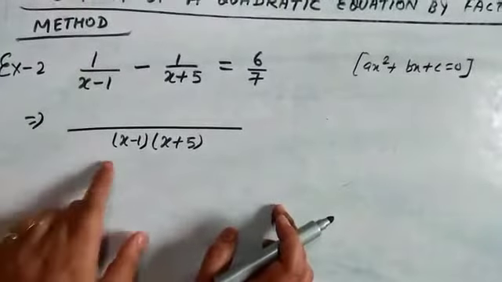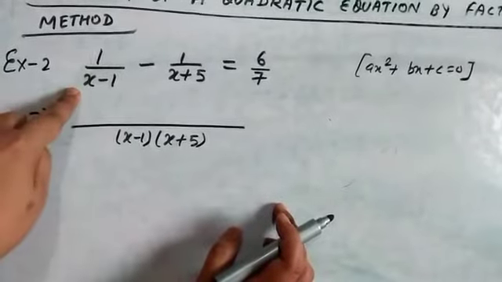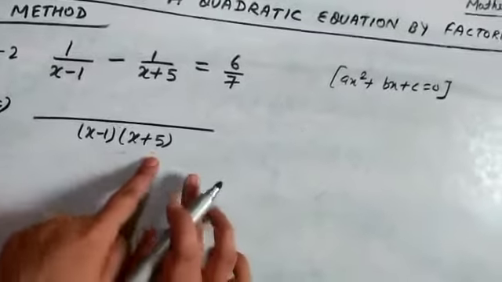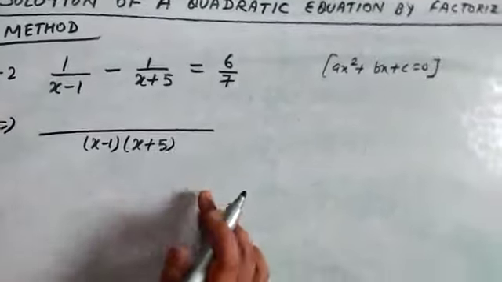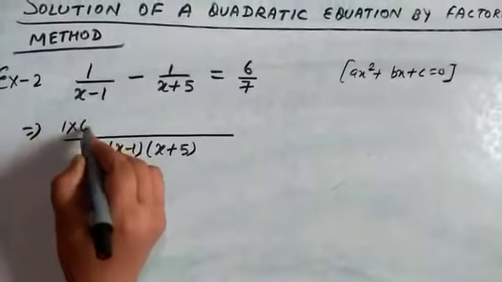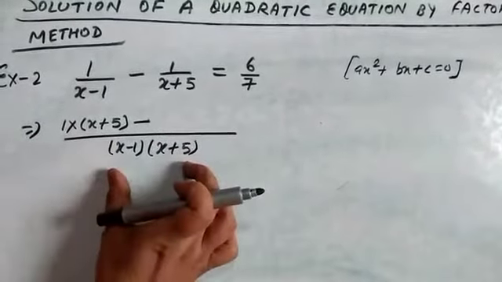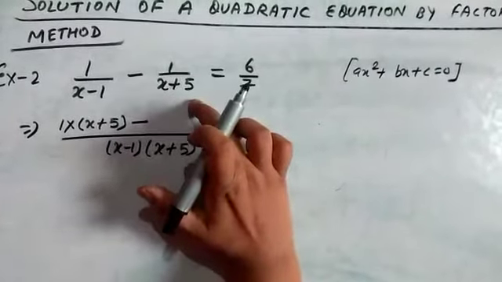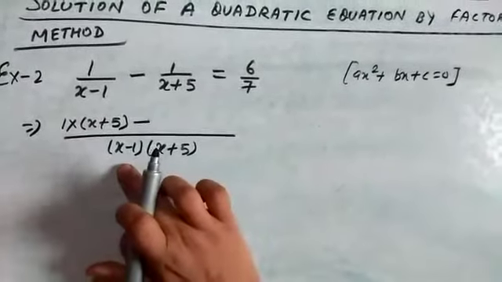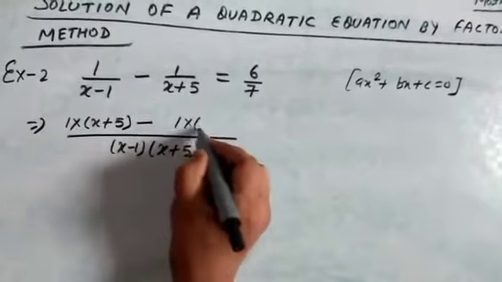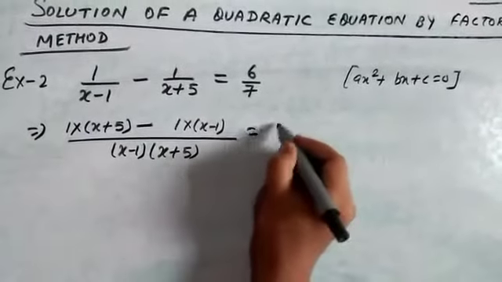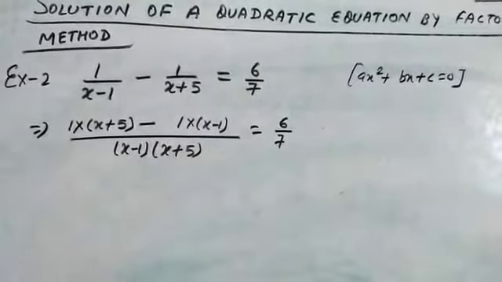Now when we divide this whole with x minus 1, we will get x plus 5. So x plus 5 will be multiplied with 1. So 1 into x plus 5 minus, when we divide this whole with x plus 5, we will get x minus 1. So 1 will be multiplied with x minus 1 equals to 6 by 7.